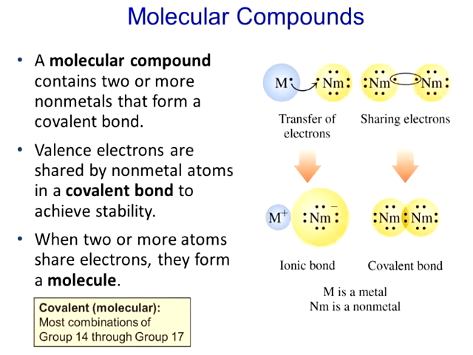Molecular compounds are compounds that contain two or more nonmetals that form a covalent bond, which means they are both located on the right side of the periodic table. You'll learn more about this when we study the periodic table in detail. When we consider molecular compounds, valence electrons are shared by the nonmetal atoms in a covalent bond to achieve stability.